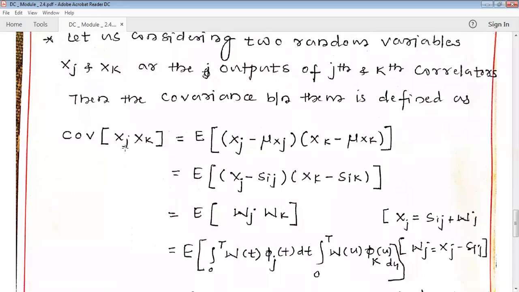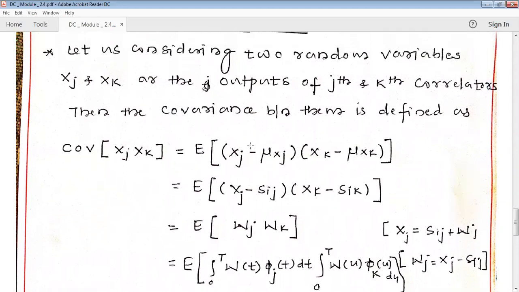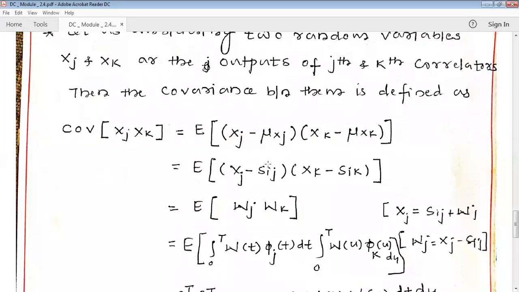So the covariance of xj and xk is given mathematically by the expectation of the product of the deviations of the two random variables: the first, xj minus mu xj, and the second, xk minus mu xk, where xj and xk are random variables and mu xj, mu xk are the mean values of these two random variables.